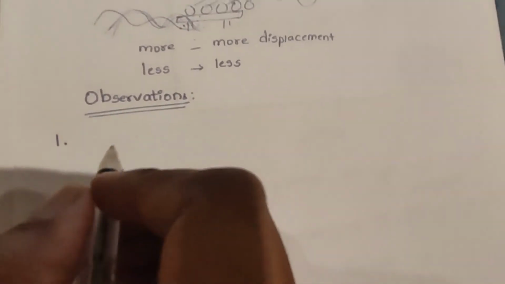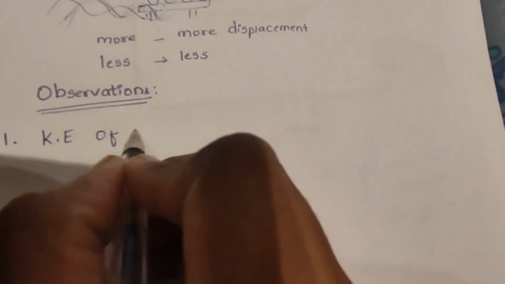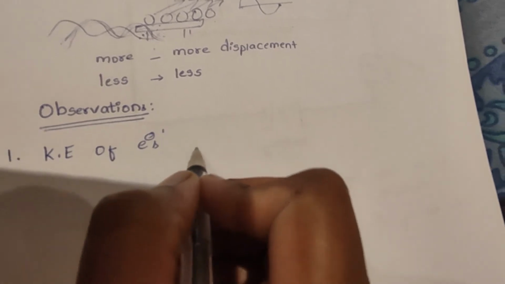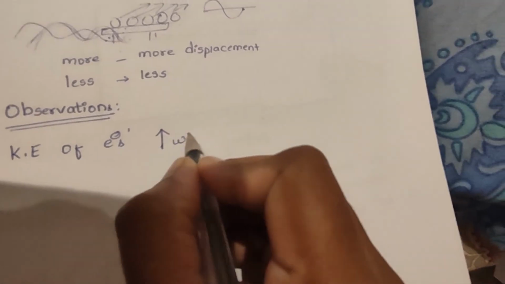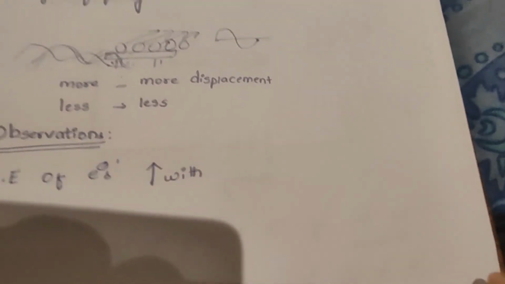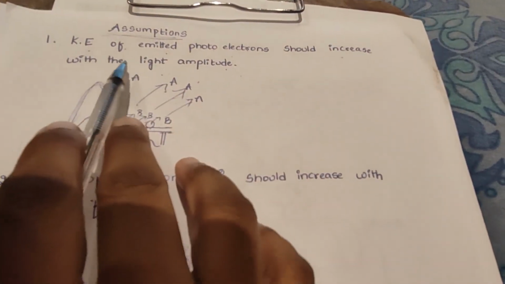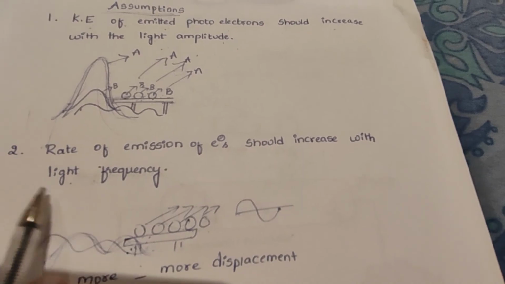See, the kinetic energy of photoelectrons increases with light frequency. So first one, they assumed that it increases with light amplitude, but it increased with light frequency.